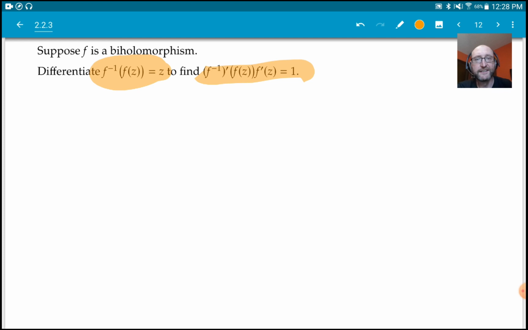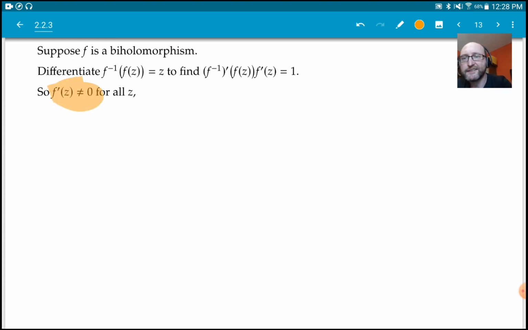So it's the derivative of the inverse evaluated at f of z times f prime of z, right? By chain rule, right? Now that means, in particular, that the derivative is not 0 for any z, right? Because 1 is equal to the derivative times something else. So the derivative can't be 0.